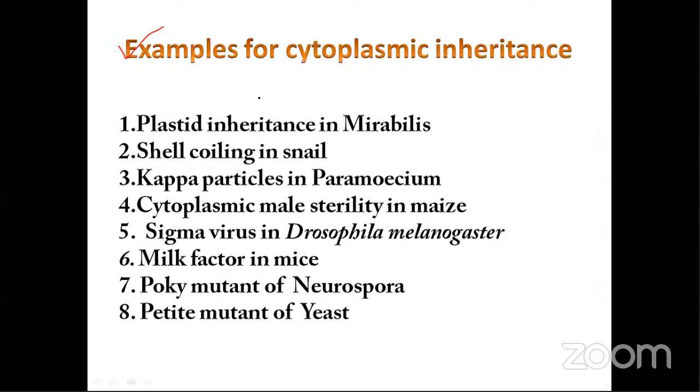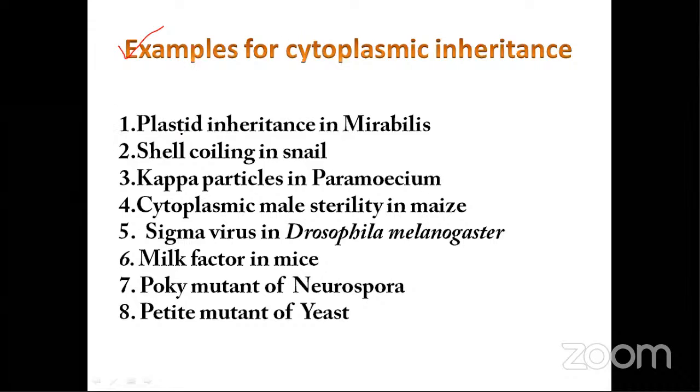From these examples, they may ask you in the exams, like they will put the trait, like snail coiling is the indication of what. So you need to write it like cytoplasmic inheritance. Or if specifically they tell maternal effect, then it is governed by maternal effect. I'll be telling you maternal effect is a part of cytoplasmic inheritance. Okay, so let's go through in brief.